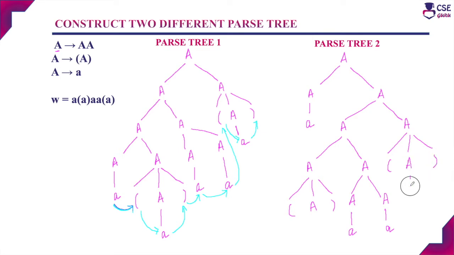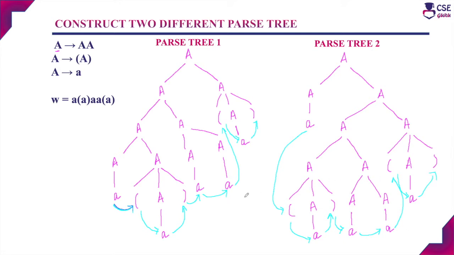And for this non-terminal, we will apply the production rule A derives A. So now we have derived the given string and we will trace the input. So first is A and then open bracket A close bracket, and then two A's, A, and then open bracket A and then close bracket.